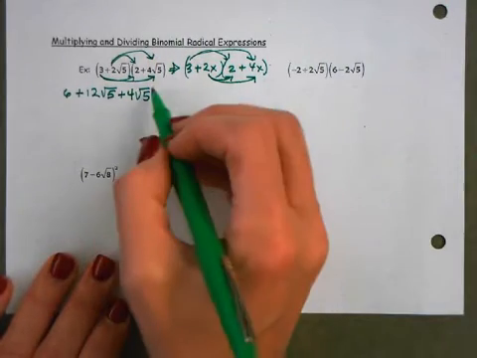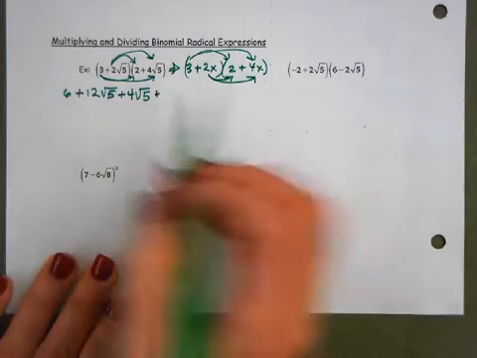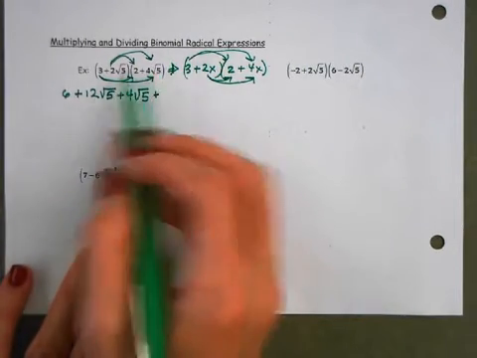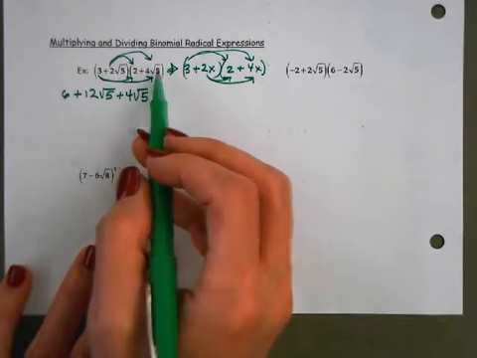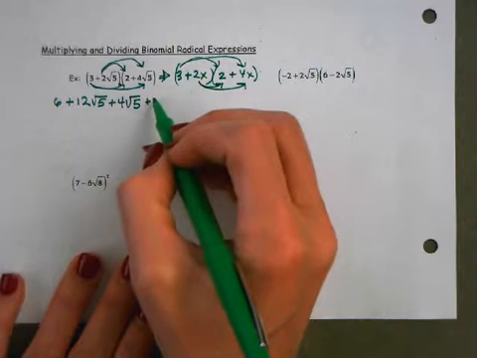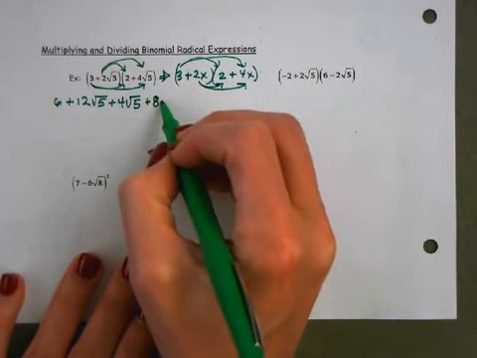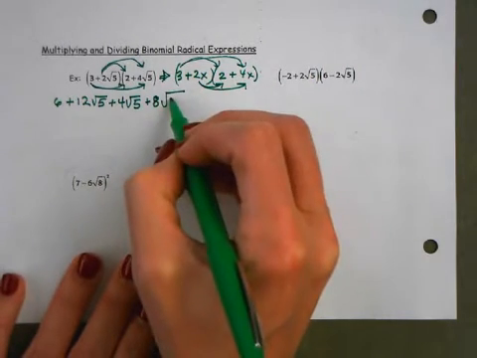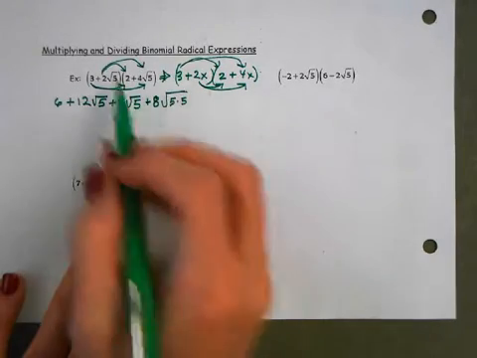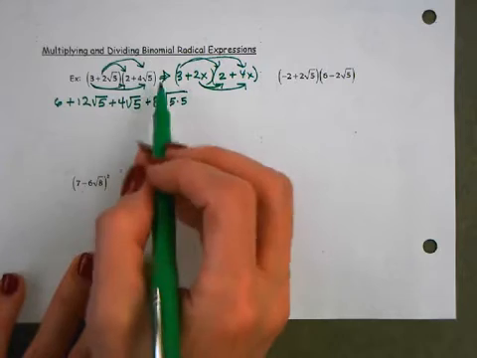Okay? So if you recall, when you're multiplying with the same index, what do you do with the inside? You just multiply it. So this actually becomes 8, and I would have the square root of, if you want to see it, 5 times 5. That's really what I'm doing, the square root of 5 times the square root of 5.